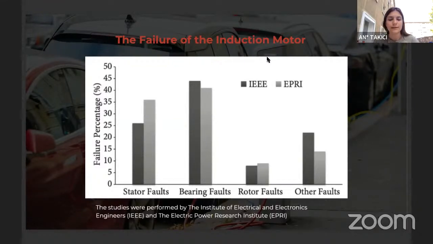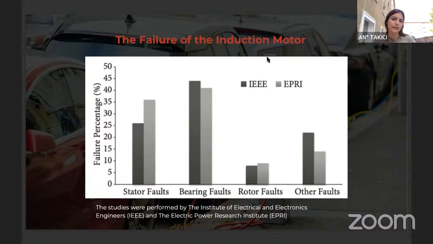As you can see in the figure, bearing faults account for over 40%. Bearing faults mean the machine breaks, and as can be understood from the fault percentage, the induction motor still doesn't give the expected performance.